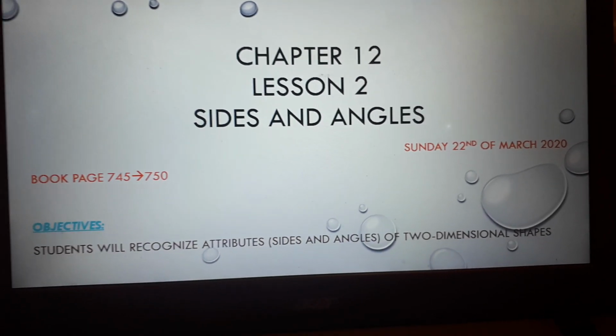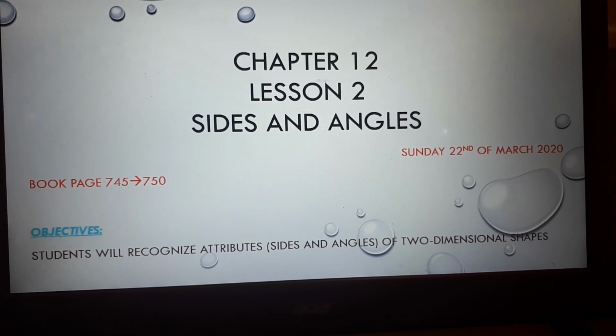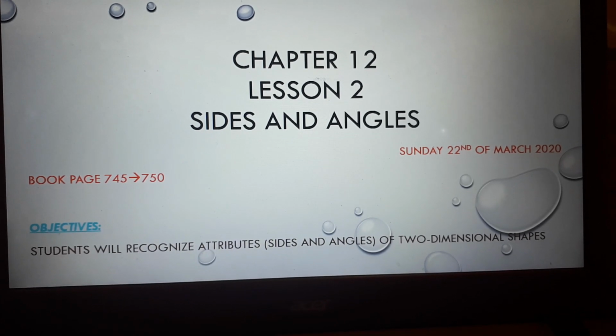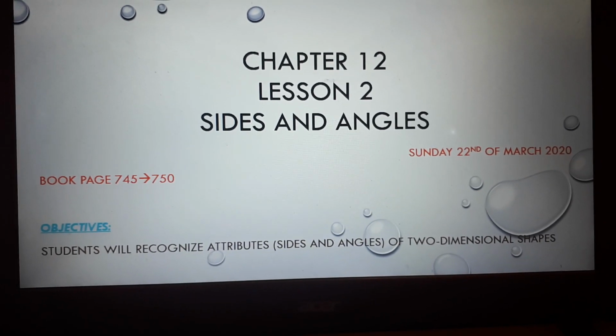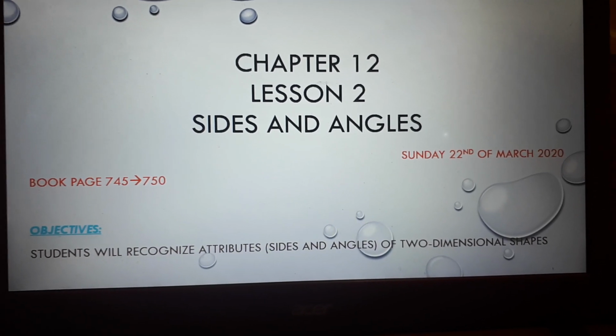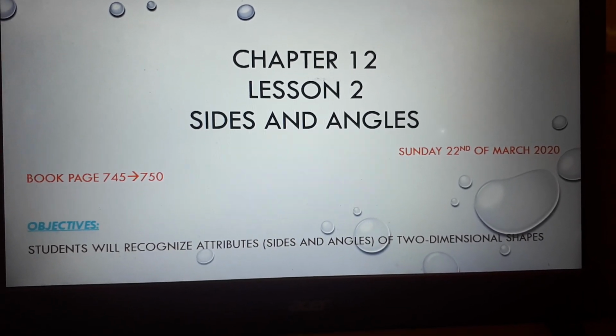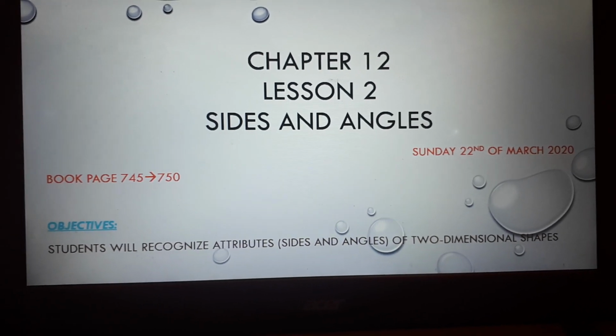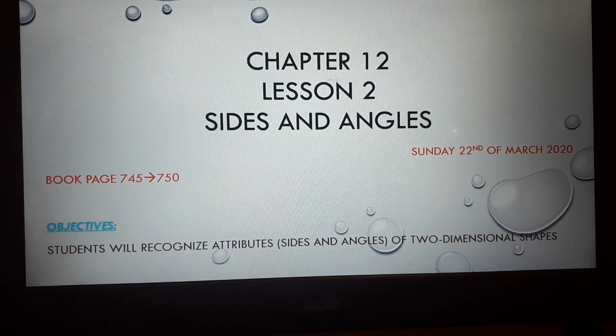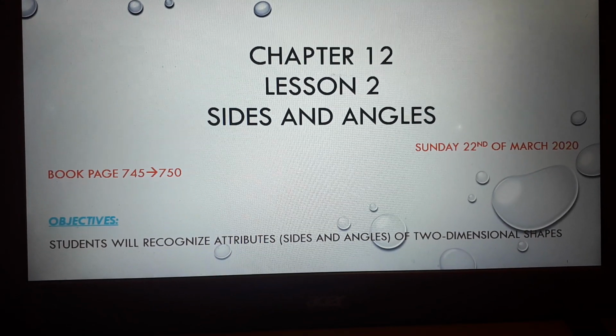Come on, open your books, page 745, and let us start our lesson together. The objective of this lesson today is to recognize sides and angles of two-dimensional shapes. Now, who can tell me what you remember about two-dimensional shapes?